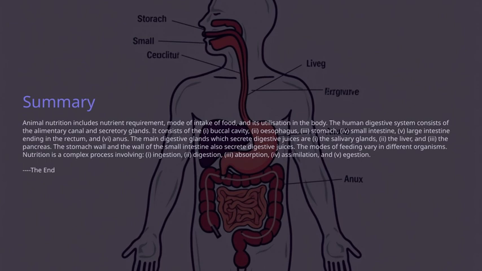At its core, nutrition is a complex process that involves several stages: ingestion, where we take in food; digestion, breaking food down into smaller molecules; absorption, where nutrients enter the bloodstream; assimilation, the utilization of these nutrients by cells; and egestion, the removal of indigestible parts.